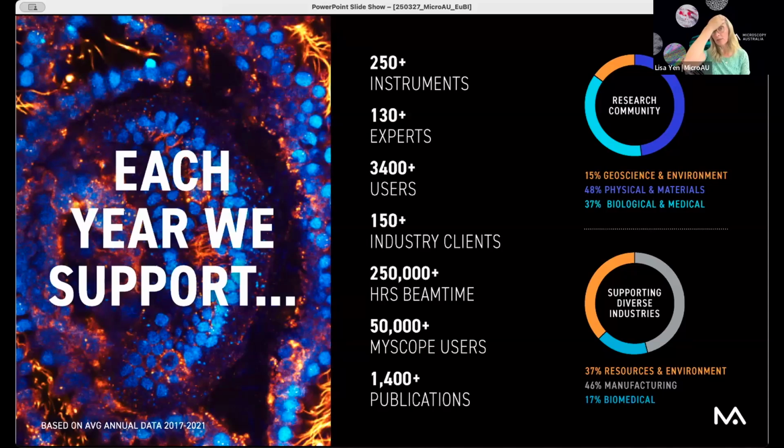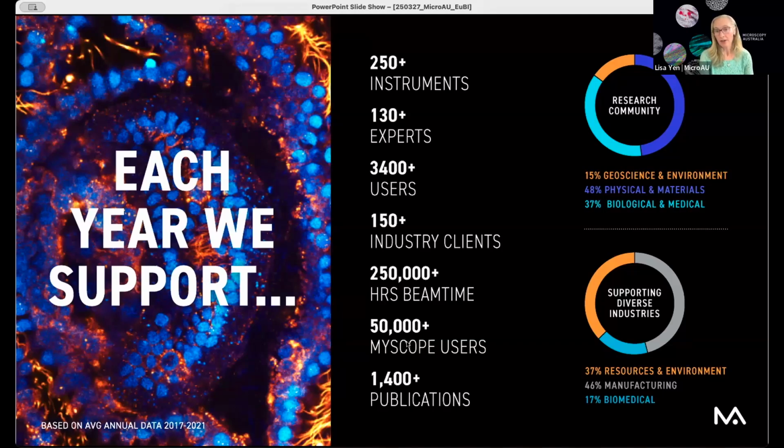One thing that might be a little different for some of the Euro-BioImaging nodes is that we get quite a broad range in our research community, between the geosciences and environmental scientists and the physical and material sciences, which is about half of our research community, but definitely with a very significant biological and medical research community that use our facilities as well.